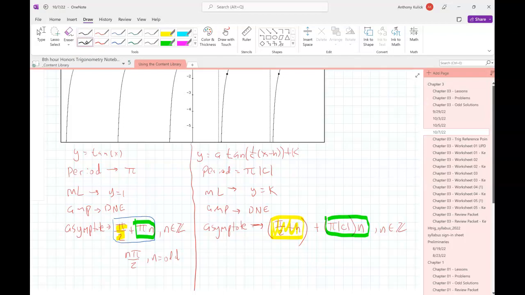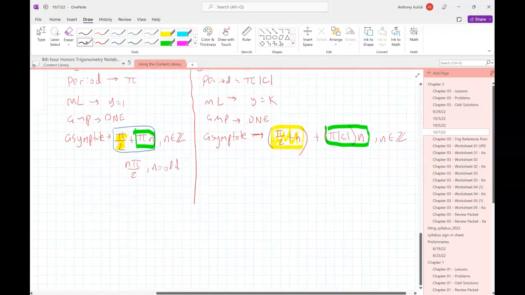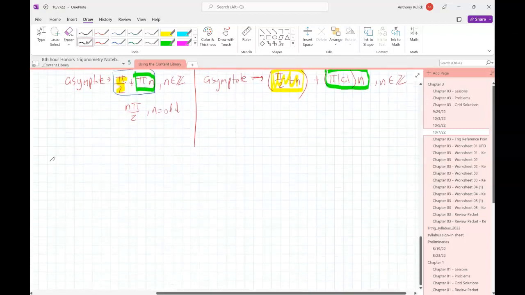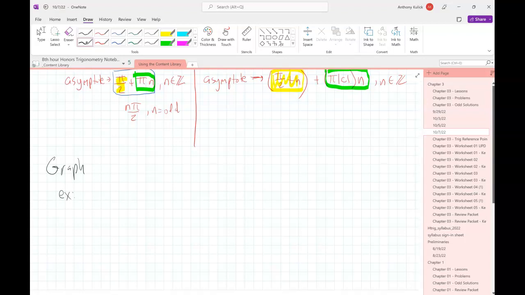So if I wanted to graph one of these, we would do this the same way that we've done before. So I'd start by identifying my values for A, C, H, and K. To do that, I got to write this in the general form.